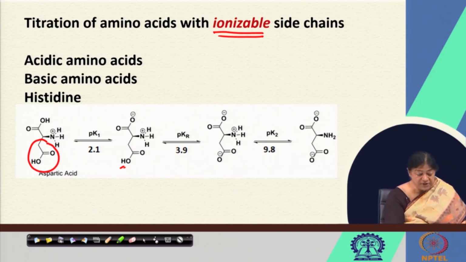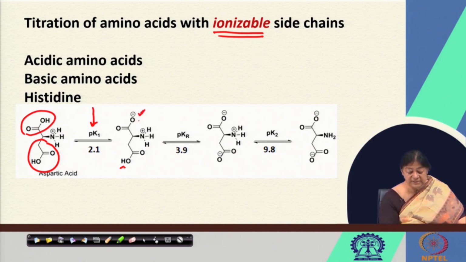Depending on the acidity, or how easily the proton is lost, we first lose this proton at pK1. At the second instance, which is the pKR, meaning the pK of the side chain, we are going to lose this proton.